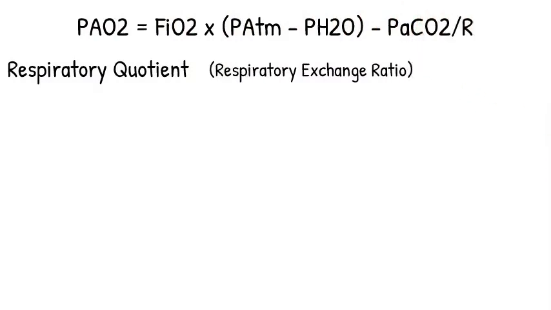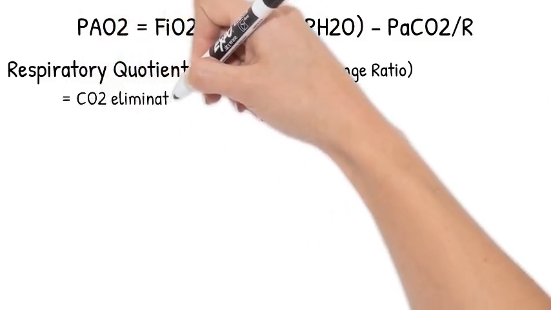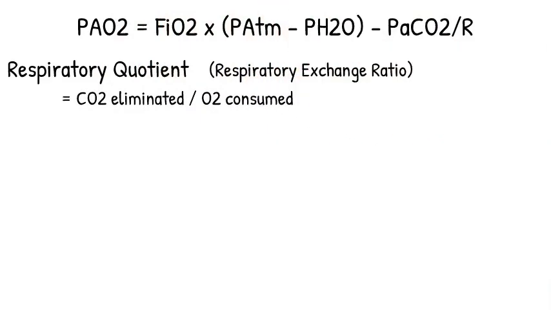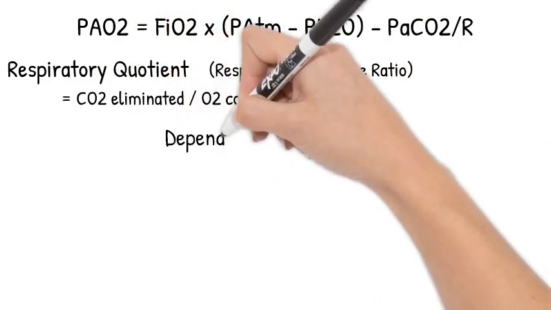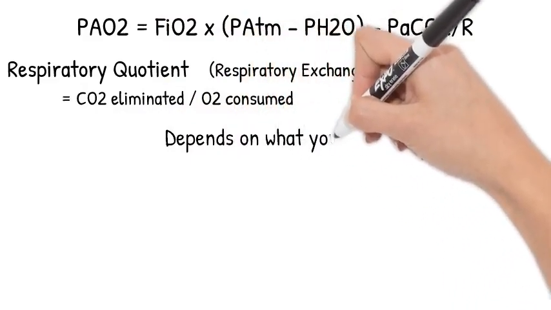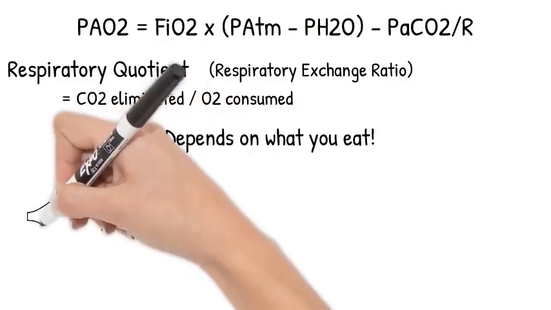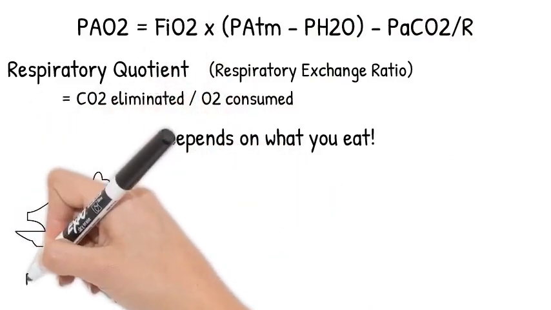Basically, it's a dimensionless or unitless number, and it is purely the ratio of the CO2 that is eliminated to the oxygen that is consumed. What is interesting is that it depends on what you eat, because different foods have different numbers of carbon molecules and take a different amount of oxygen to break down.